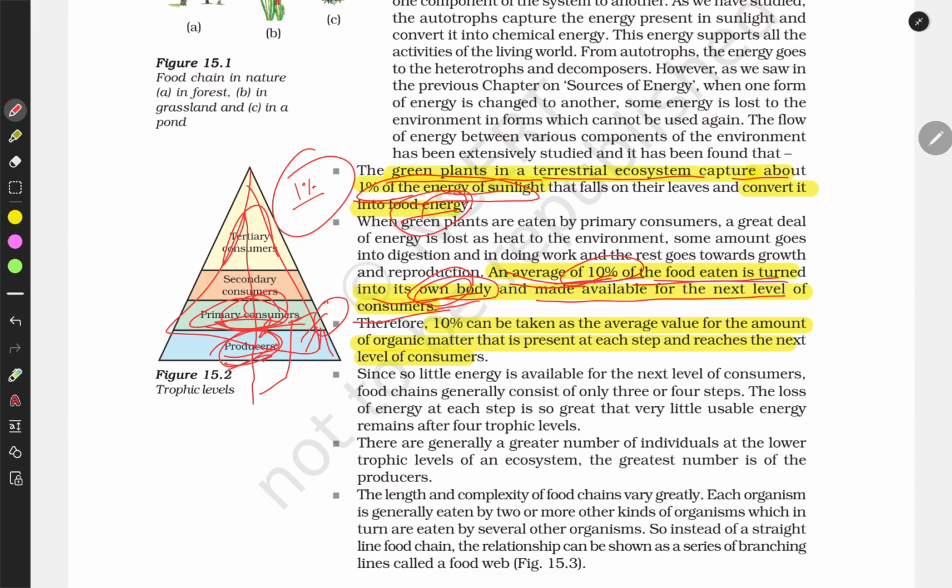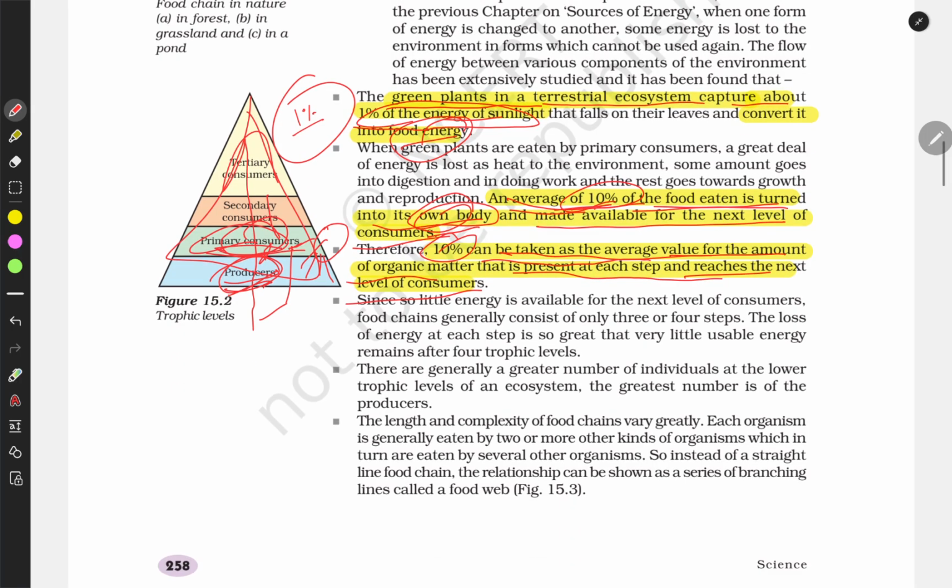Out of this 10%, only 10% goes to the upper level. This is an average value of the amount of organic matter present in each step, and this is the next consumer level.